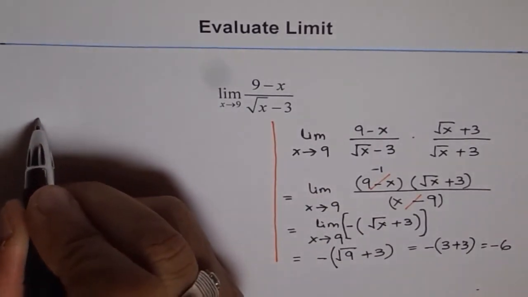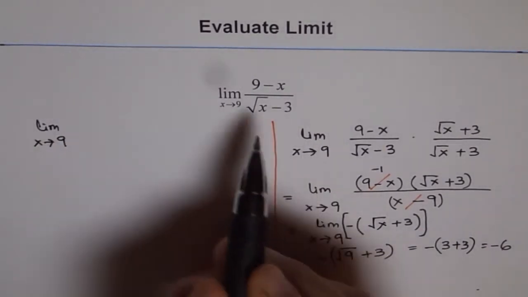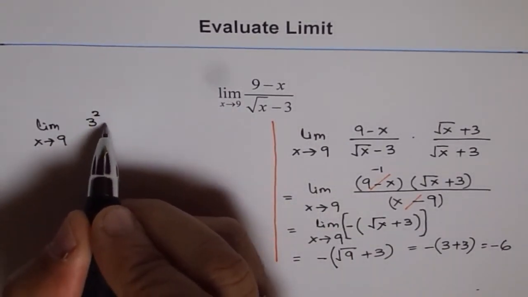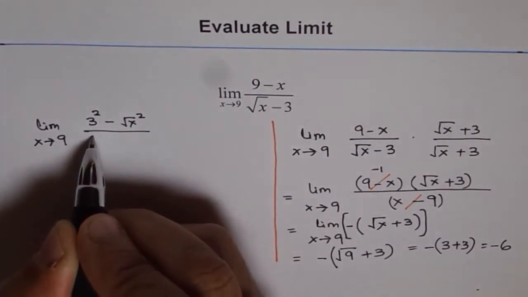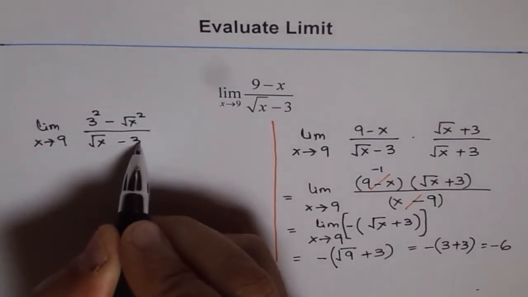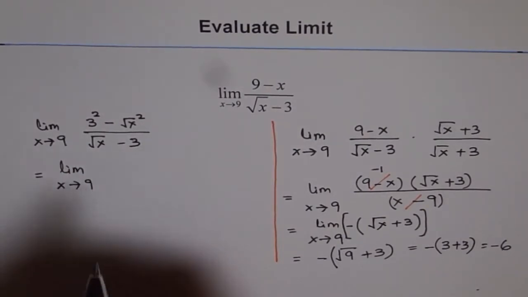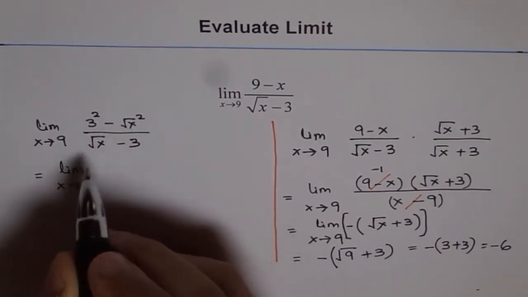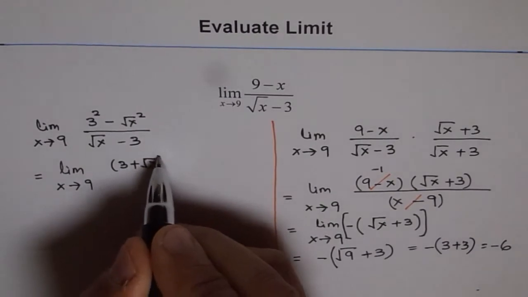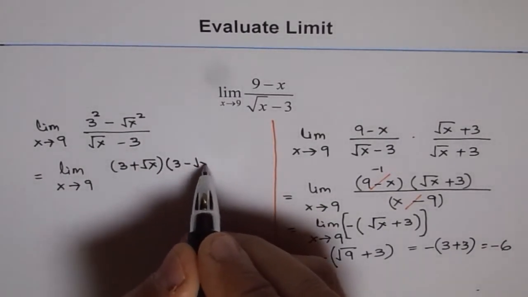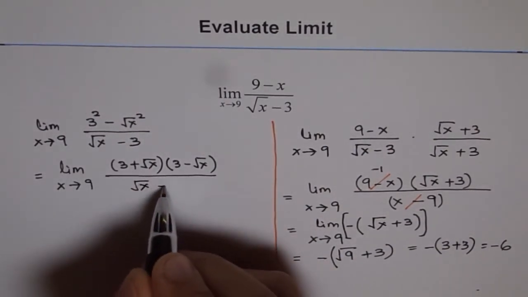So we have the limit as x approaches 9 of (3 square minus square root of x square) over (square root of x minus 3). Now this is a square minus b square, so I can write this as (3 plus square root x) times (3 minus square root x) divided by (square root x minus 3).